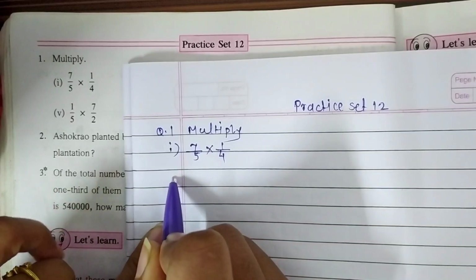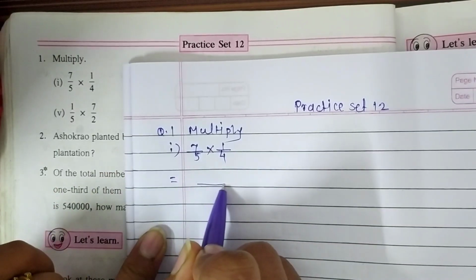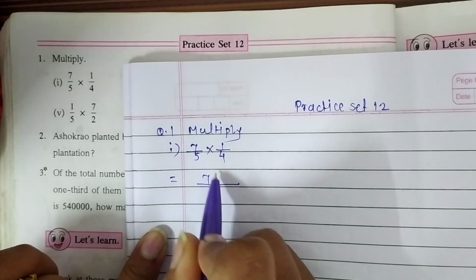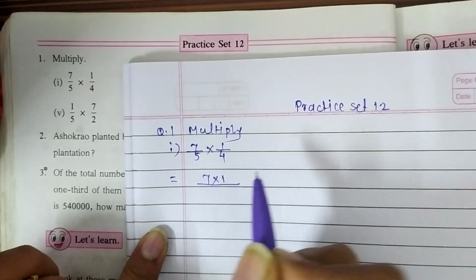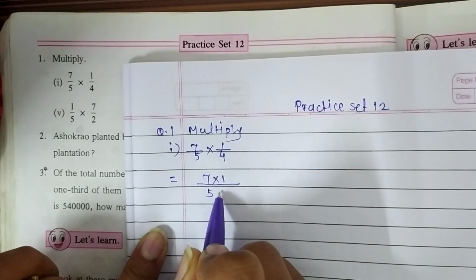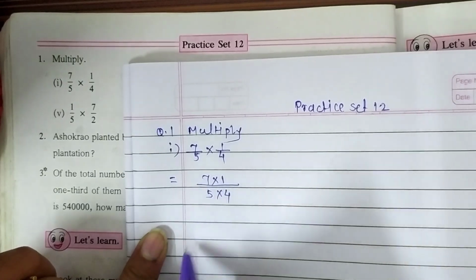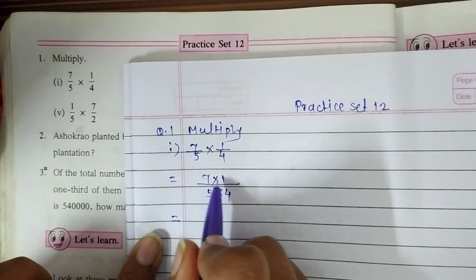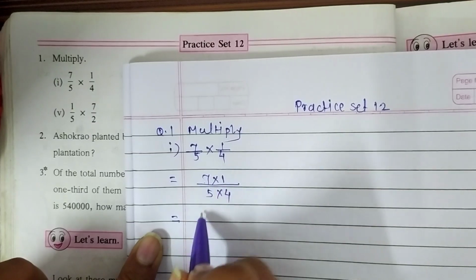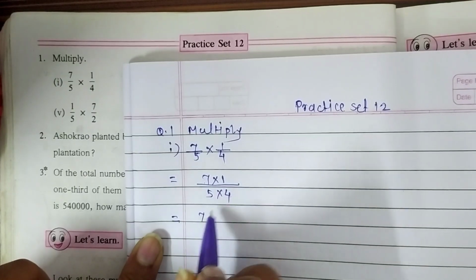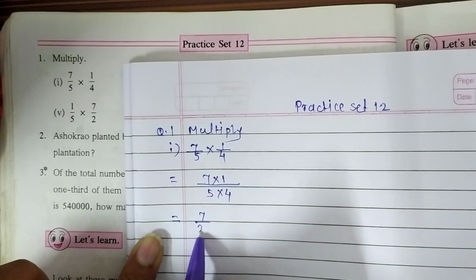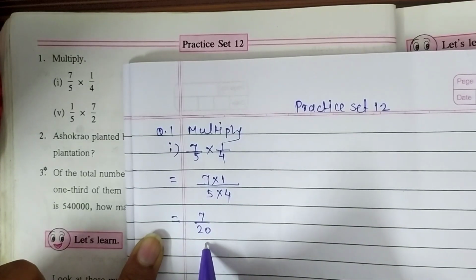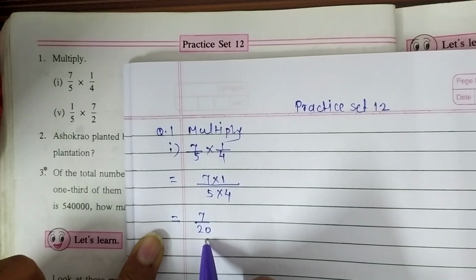So we are going to multiply them as, just write on the numerator side 7 multiply by 1 and on the denominator side 5 multiply by 4. So just multiply them. 7 multiply by 1 it's 7 and 5 multiply by 4 it's 20. This is our answer. It is so easy to multiply the given fractions.